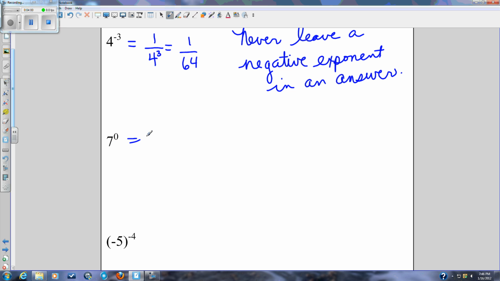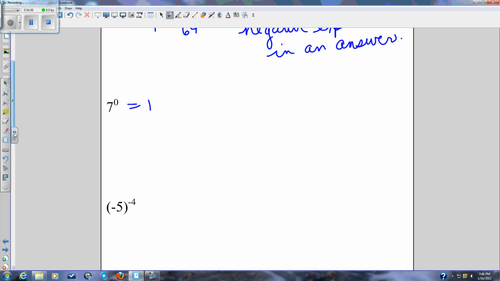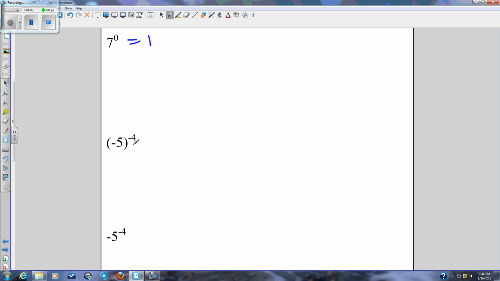This next one, 7 to the 0 power, anything raised to the 0 power equals 1. So that's all we have to do there. Next one, negative 5 in parentheses raised to the negative 4 power. That's the same as having 1 over negative 5 in parentheses raised to the positive 4.